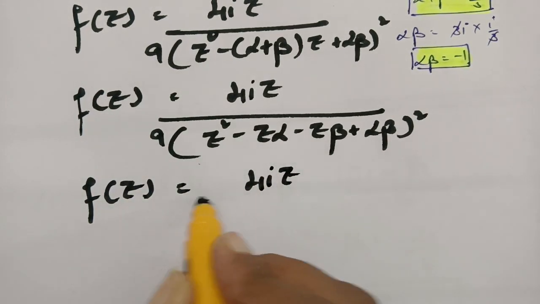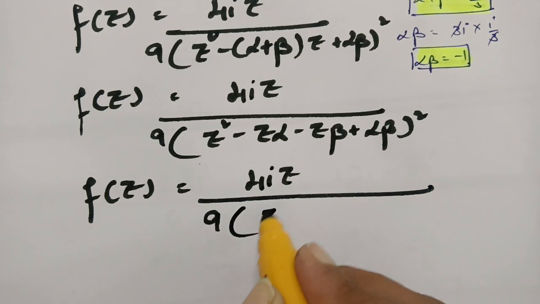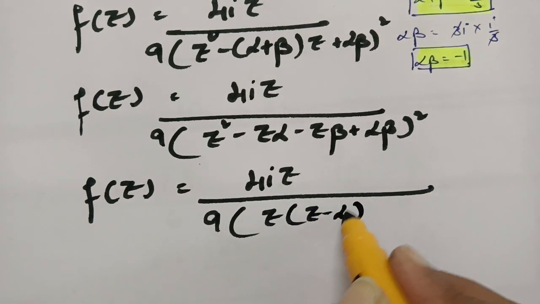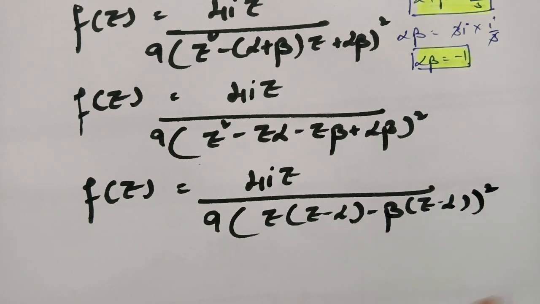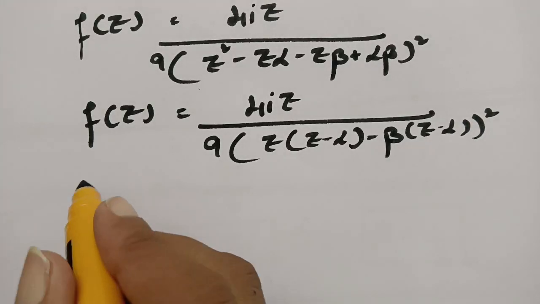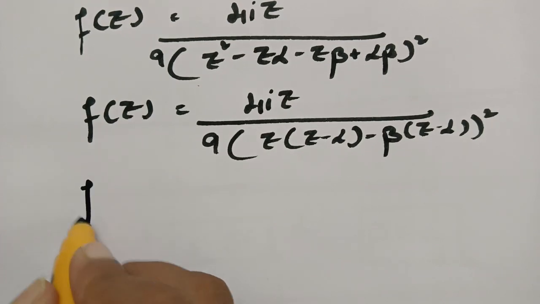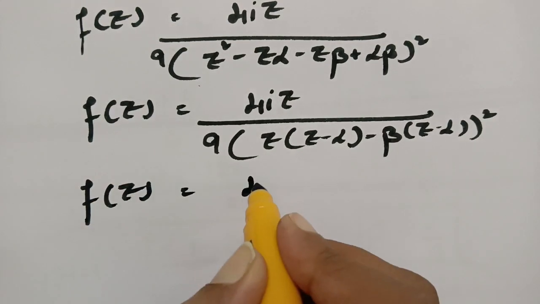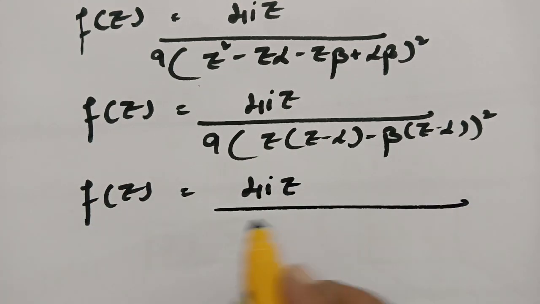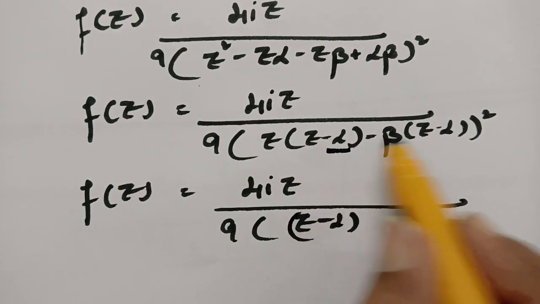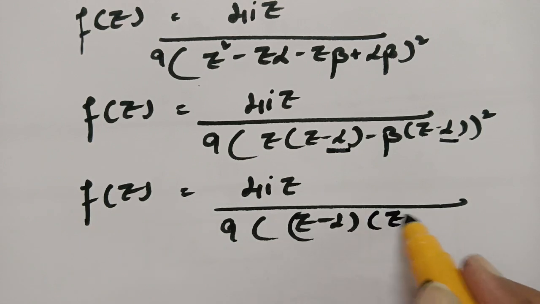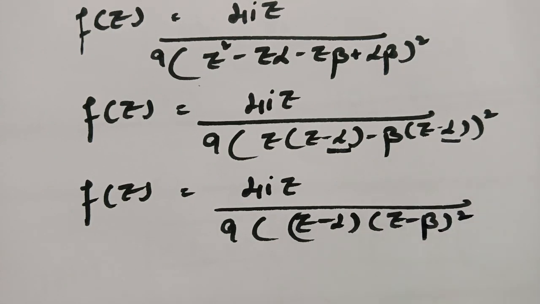So f of z value is equal to 4iz by 9 times, if I take z common, this will be z minus alpha. If I take beta common, this will be again z minus alpha, whole square. If I take z minus alpha common from these two, what remains is z minus beta, whole square.